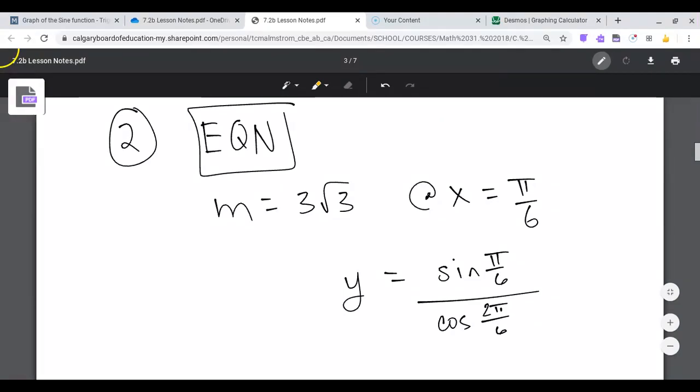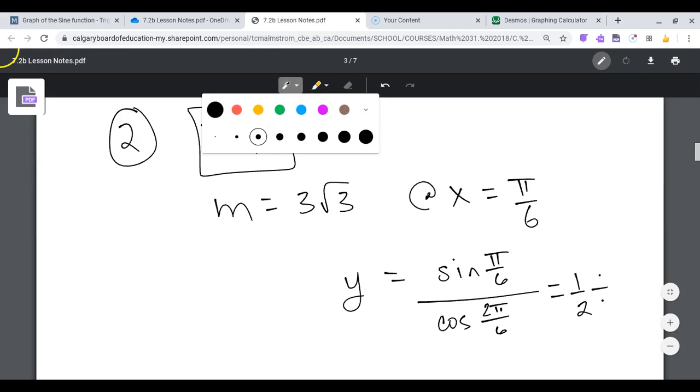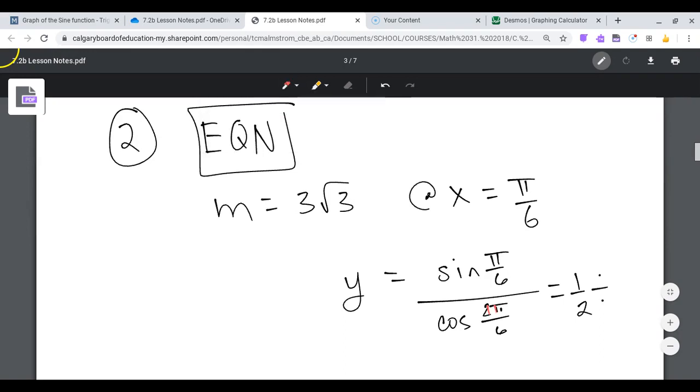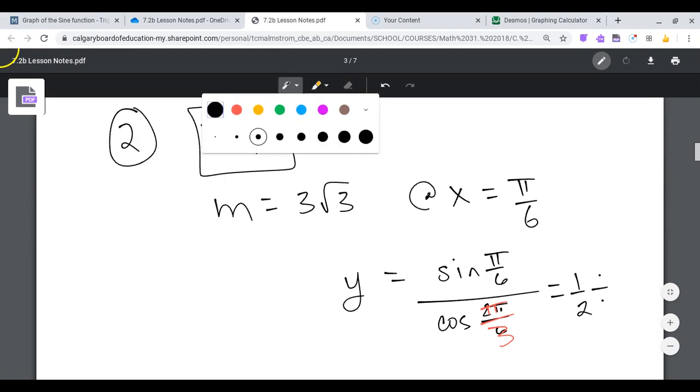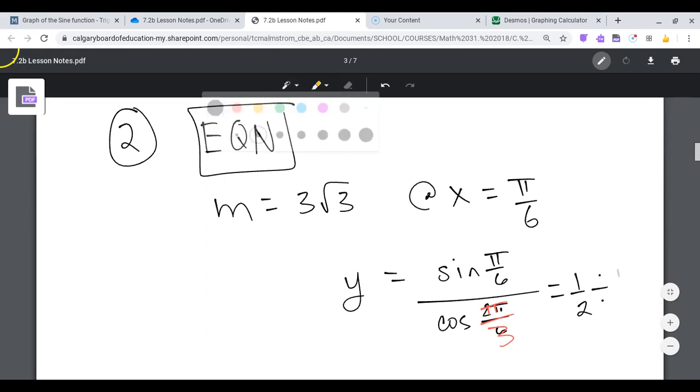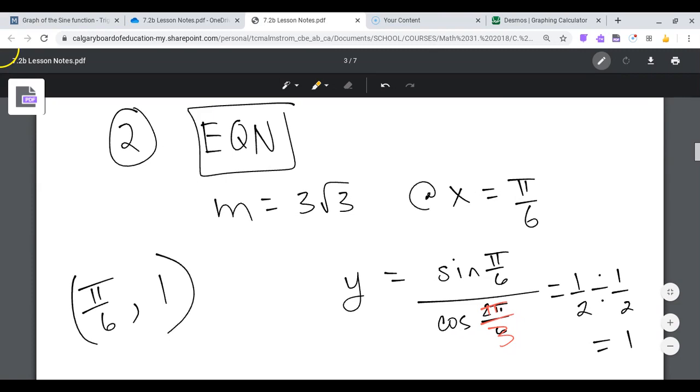And sine pi on 6 is equal to 1/2 divided by cos, that's actually pi on 3. Remember, 2 pi on 6 reduces to pi on 3. And that also is 1/2. So 1/2 divided by 1/2 is 1. So that's just telling me that my point of tangency is pi on 6 and 1.